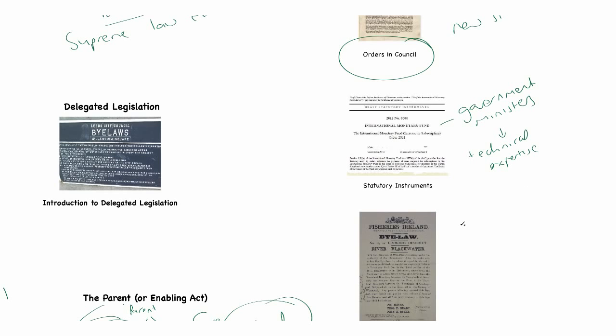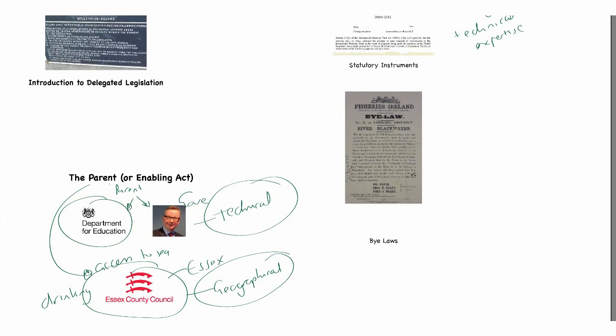And thirdly, we have what are known as bylaws, and bylaws are geographical. It's geographical legislation, so they go to geographical speciality. And these are created by local authorities or bodies.